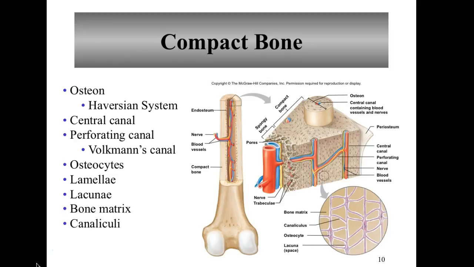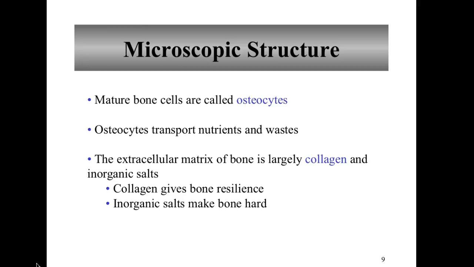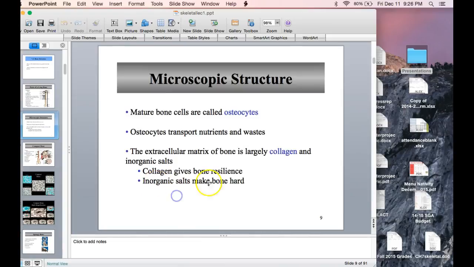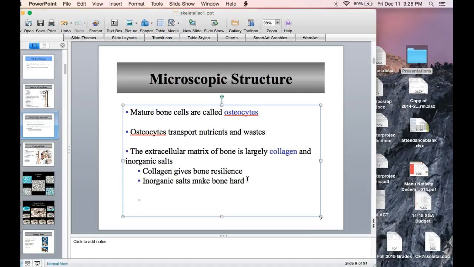The other thing with bone, the inorganic component of bones, which is 65% of bone, is hydroxyapatite. Hydroxyapatite, if I come in here and spell it for you, let's go out here.